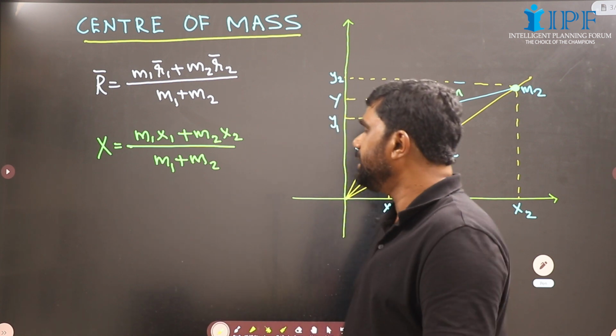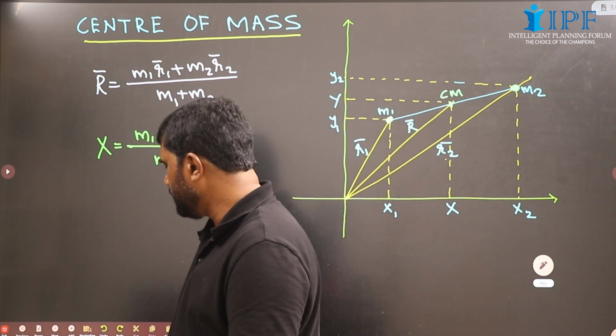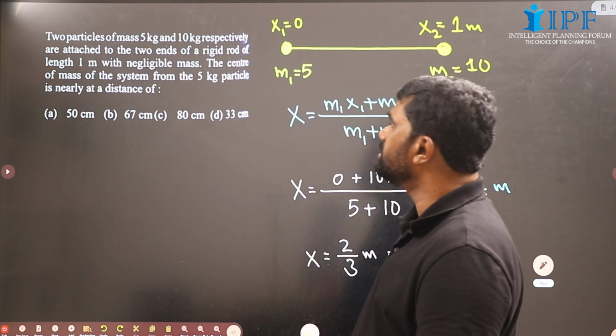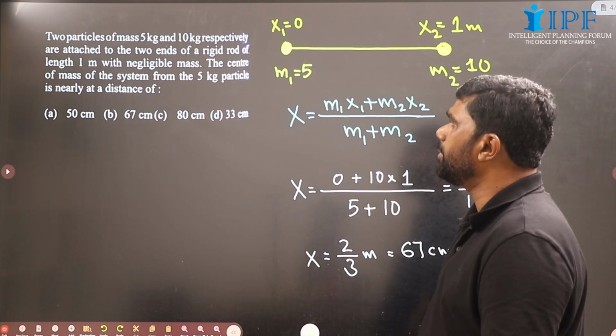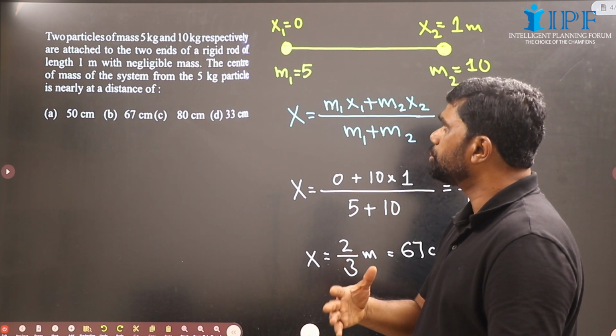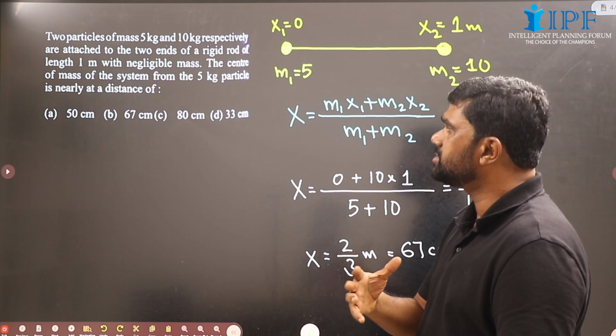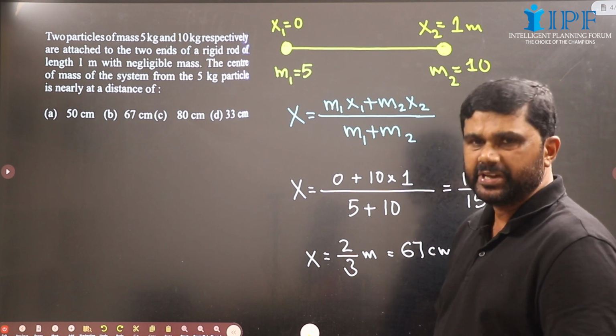Now let us consider an example. This is a previous question. We have two particles of masses 5 kg and 10 kg attached to the two ends of a rigid but massless rod of length 1 meter.